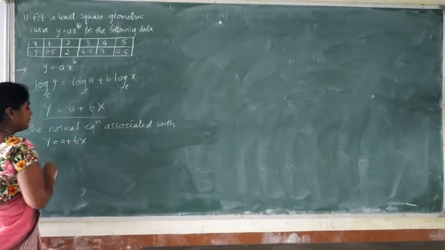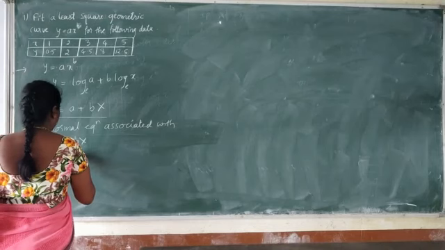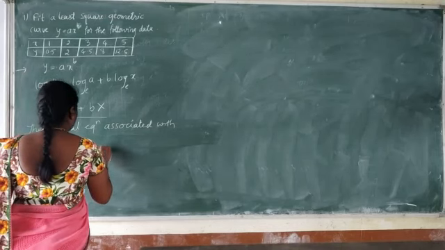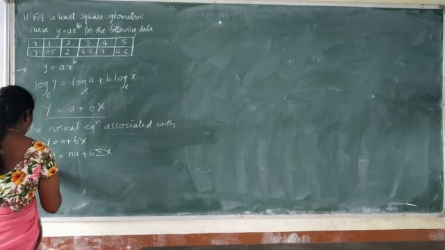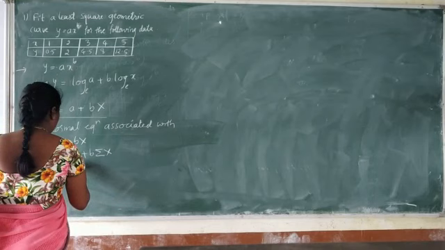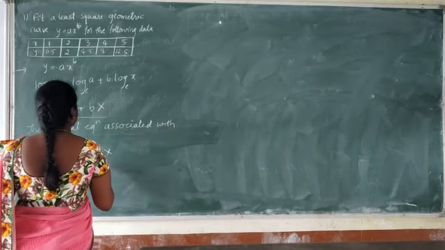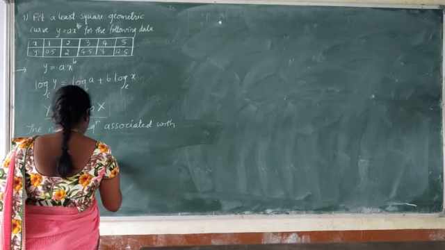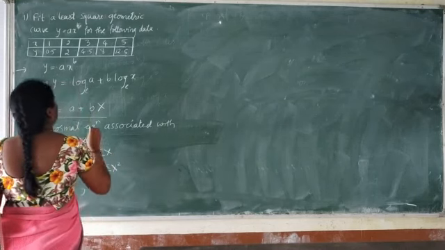The normal equations for this one are, first one, summation of Y equals nA plus b into summation of X. Next, summation of XY equals A into summation of X plus b into summation of X square.